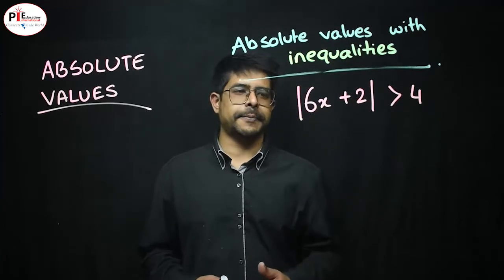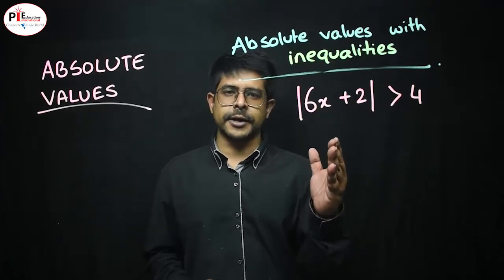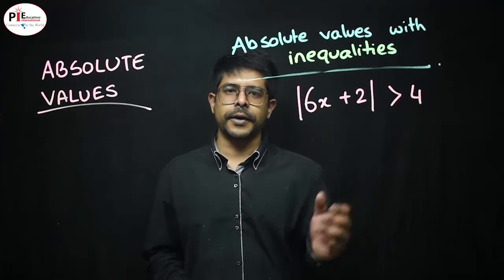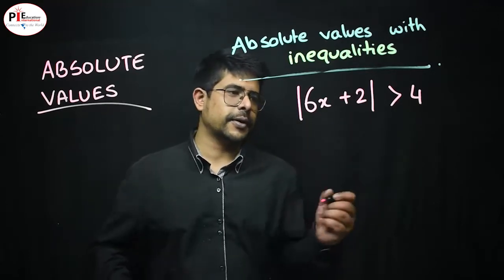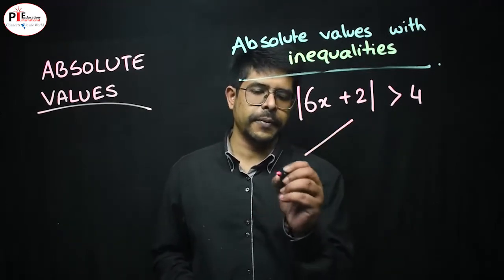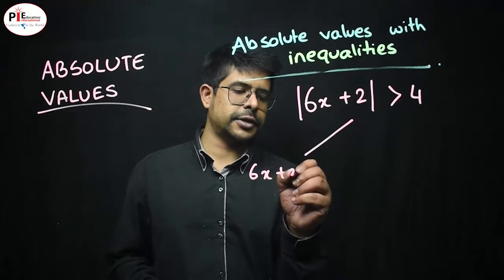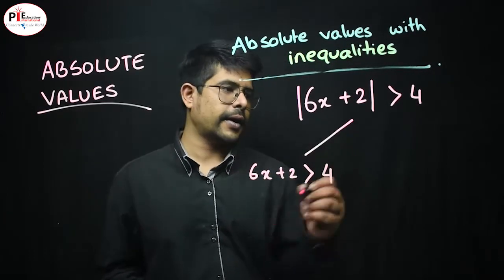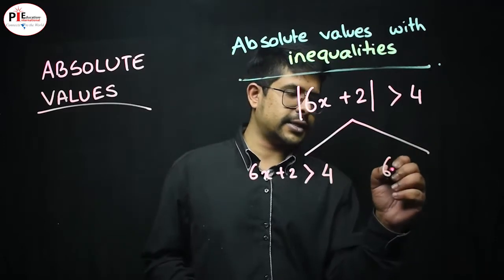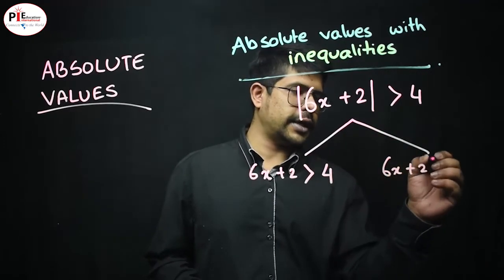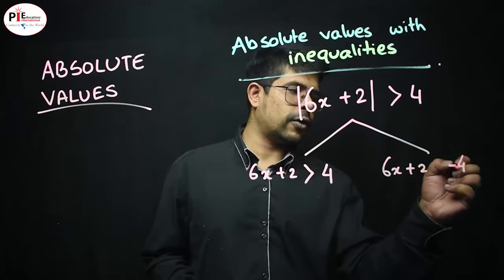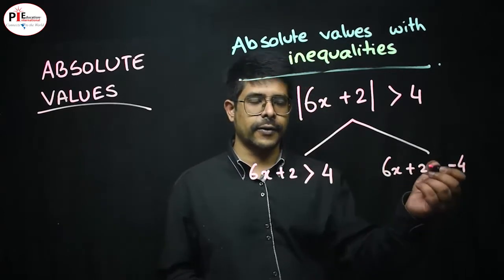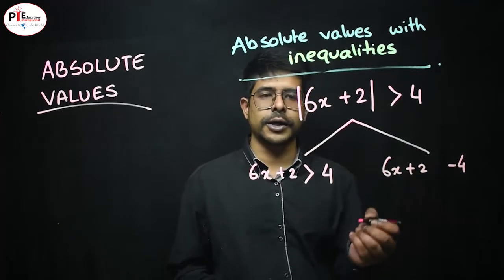Let's consider this example. Modulus of 6x plus 2 is greater than 4. If we want to take off the modulus, we do it in the same way. 6x plus 2 will be greater than positive 4. And over here, 6x plus 2 will be negative 4. But since it's a negative number, what do we have to do?